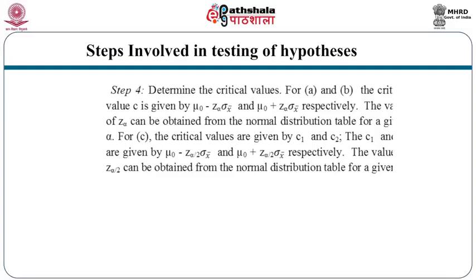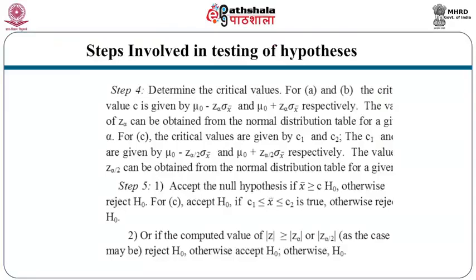Z alpha can be obtained from a normal distribution table. For alpha equal to 0.05, minus z alpha by 2 is minus 1.96 and plus z alpha by 2 is 1.96. So you try to find the critical values. Then those critical values will be C1 and C2.